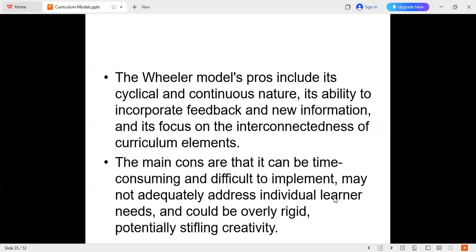Rather than assessing individual learners' achievement level, he wanted to evaluate the standard of the curriculum. The results we get from that evaluation should be the basis for the next steps.